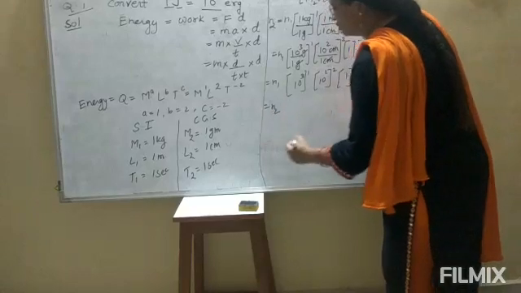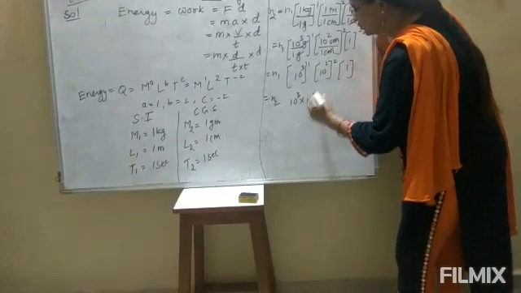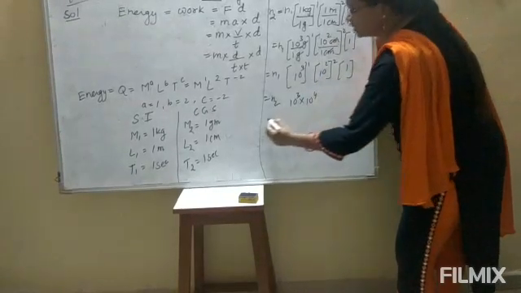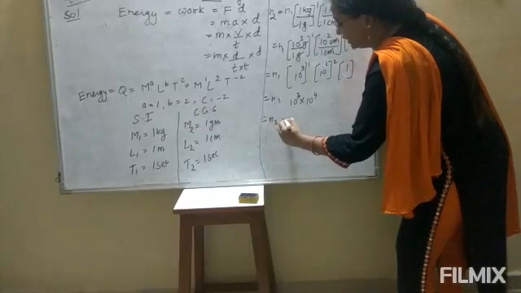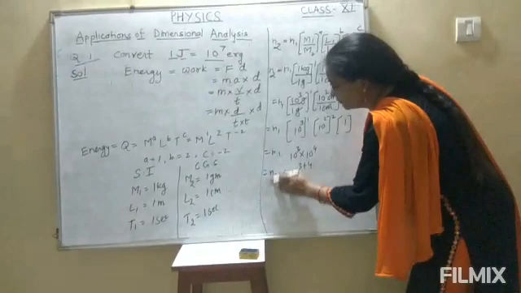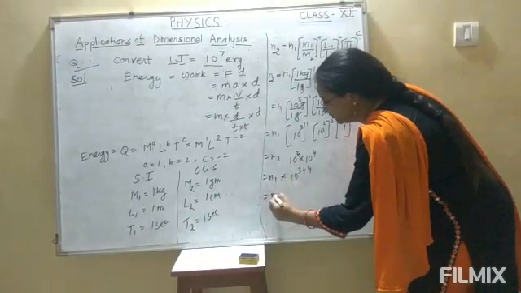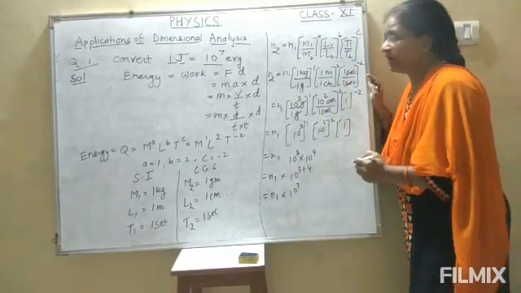So N2 is equal to N1, 10 raised to power 3 into 10 raised to power 4. So here N2 is equal to N1 into 10 raised to power 3 plus 4, that is equal to 10 raised to power 7. Okay.